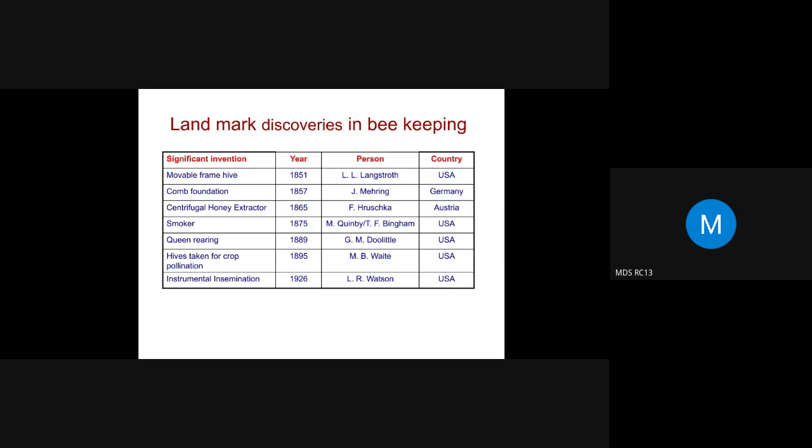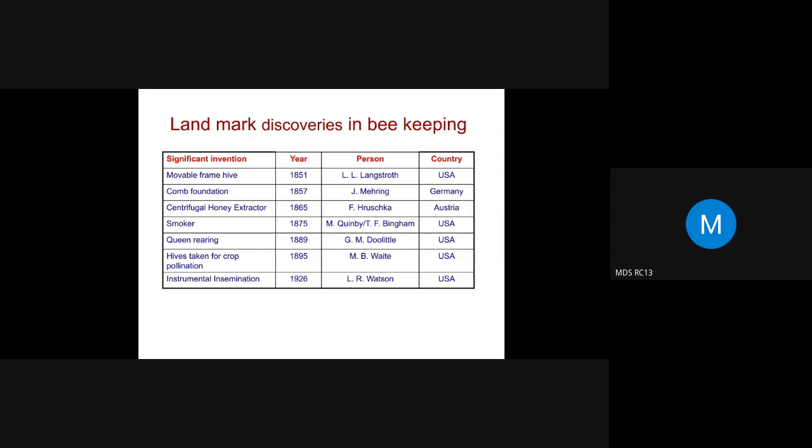Usually they are kept in one location for 2 to 3 months. After the food source or the crop is over in that season, they shift to another location where a food source is available.